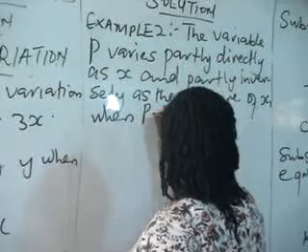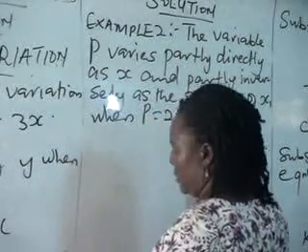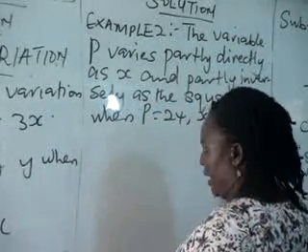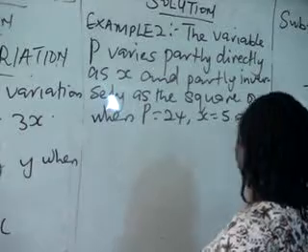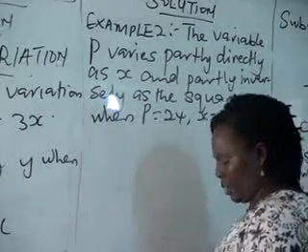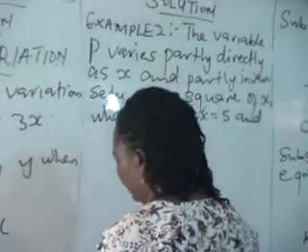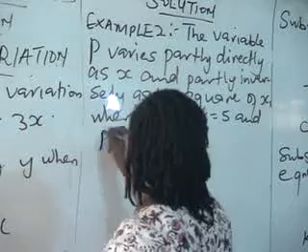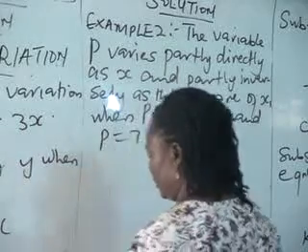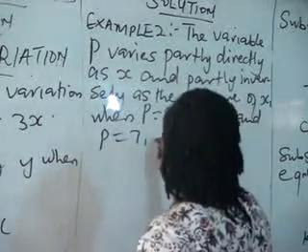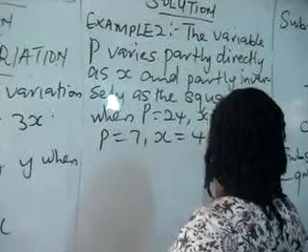When p equals 24, x equals 5, and when p equals 7, x equals 4.